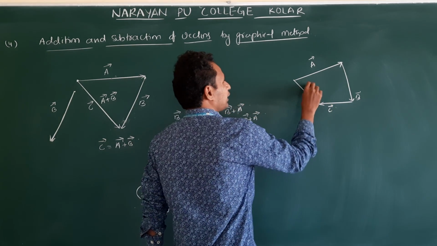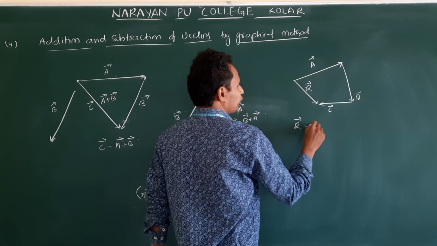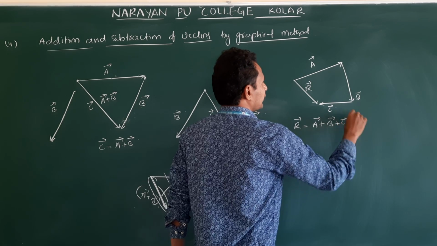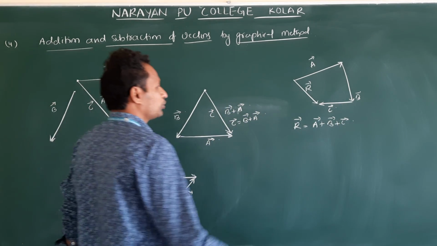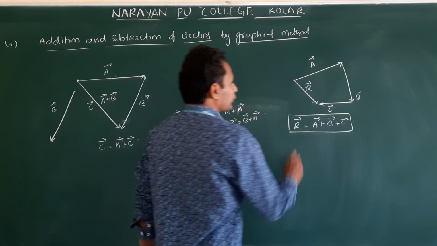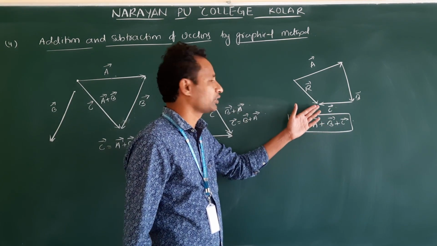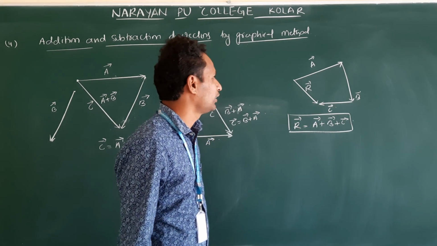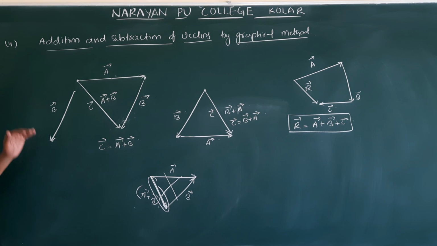If we take this vector R, we can write R is equal to A plus B plus C. No doubt about that. We can follow directly the vector laws. This is vector addition.